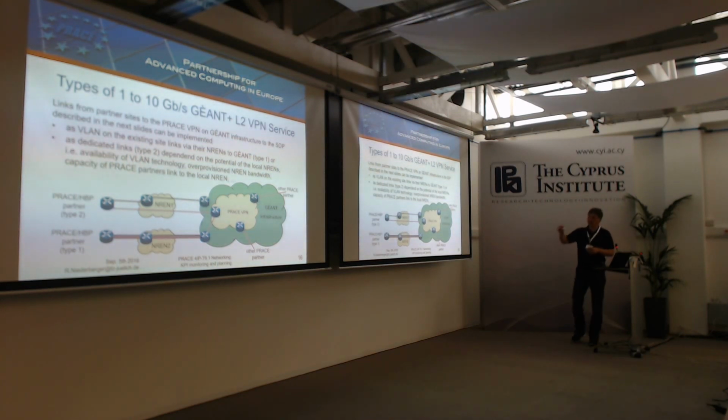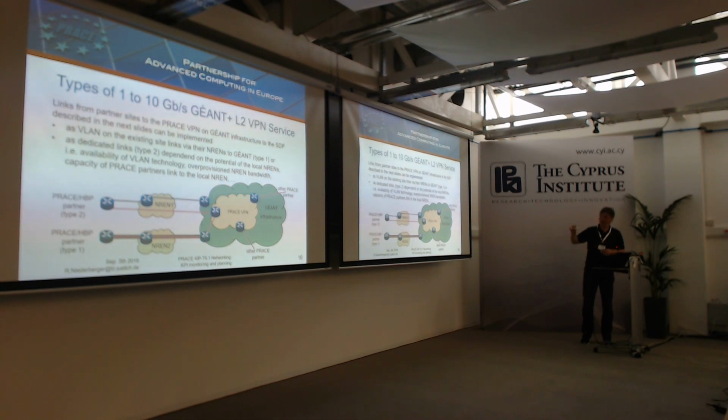So then there are two possibilities at the end for how you can set this up logically. The first one is you use your normal internet connection, just sharing this connection. The second one is you say, no, I don't want to share it, I want to set up an additional link. Of course, that's more expensive, but you can do that also.